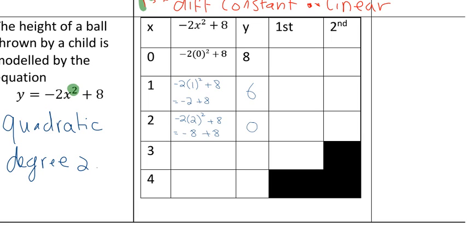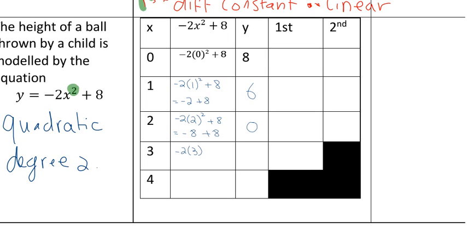Okay? And negative 2 times 3 squared plus 8. What's 3 squared? 9 times negative 2 plus 8, so that's negative 10. And then my last one is negative 2 times 4 squared plus 8.